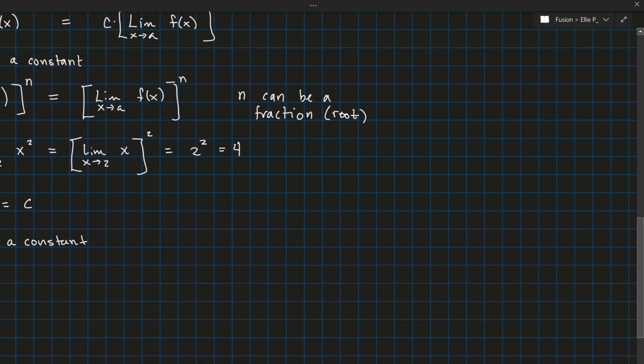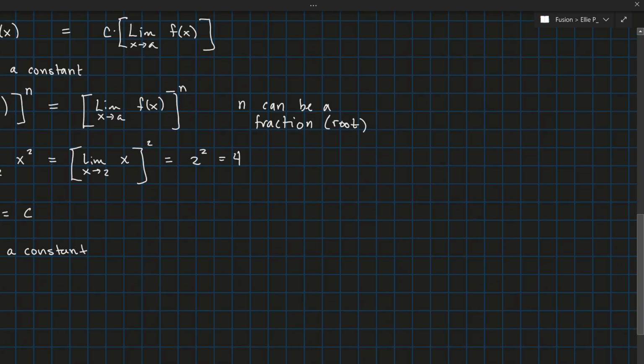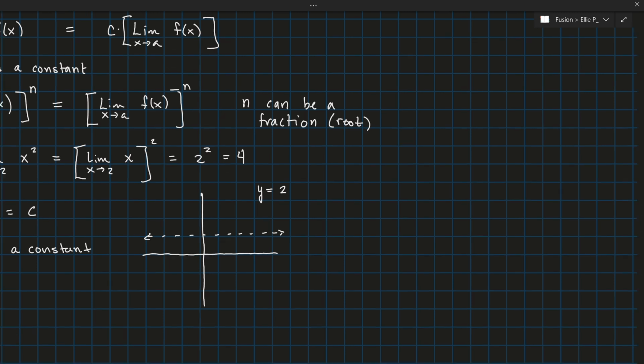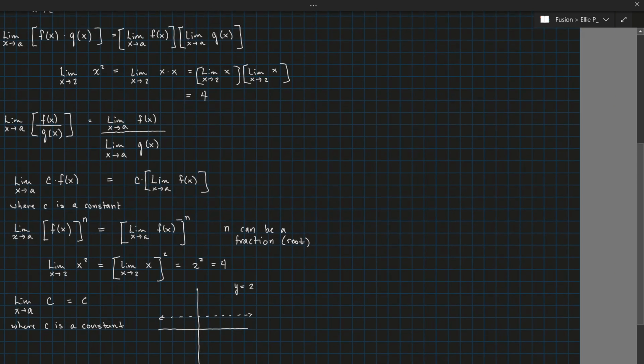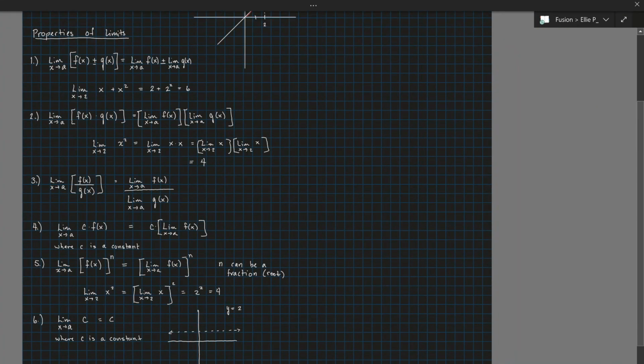Because if we think about it graphically, for example, if we did y equals 2, well, that's just a horizontal line, so it will always approach the value y equals 2. I feel like it's self-explanatory, but sometimes you have to explain.